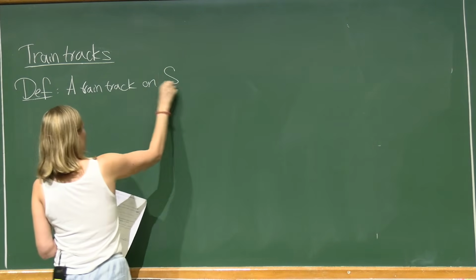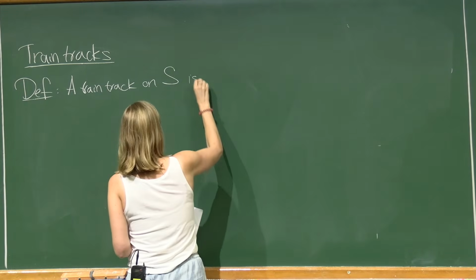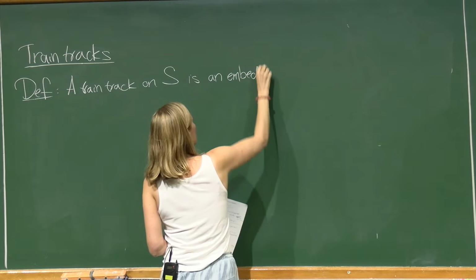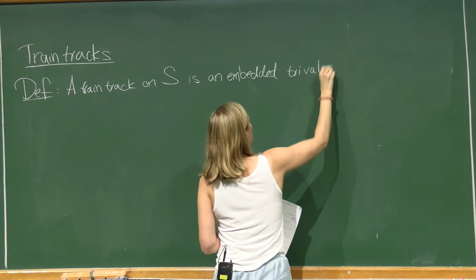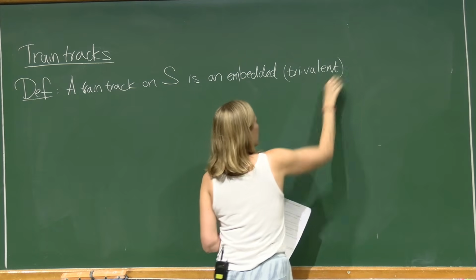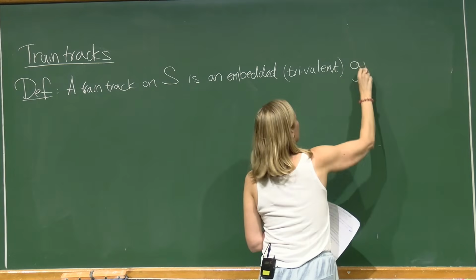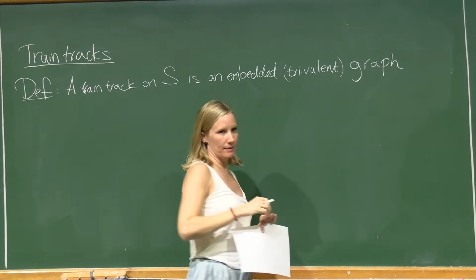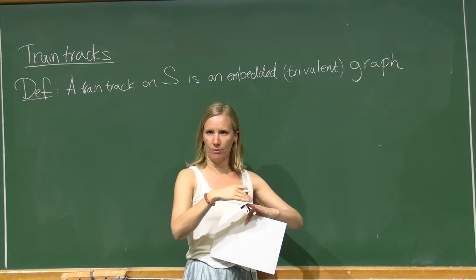A train track on our surface S, the topological surface, is an embedded trivalent graph. For us it's always going to be trivalent, but in general it doesn't have to be. Trivalent, I just mean at every vertex there are 3 half edges that meet it, so every vertex has degree 3.